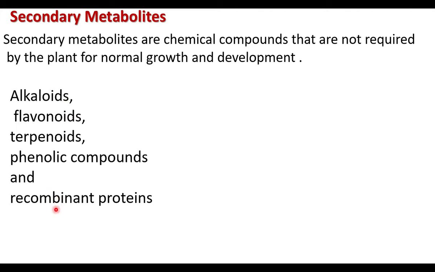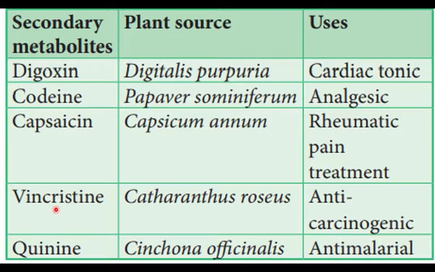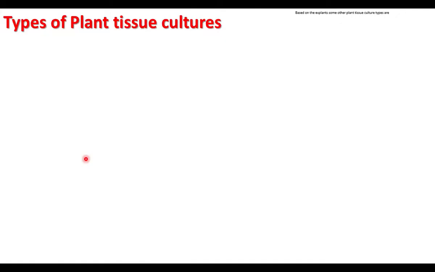Let us see the list of some other secondary metabolites: digoxin, codeine, capsaicin, vincristine, quinine. Quinine is a well-known one. It is an anti-malarial drug obtained from Cinchona officinalis. Vincristine is obtained from Catharanthus roseus. It has anti-cancerous property. So these are very important secondary metabolites used for treatment purposes.